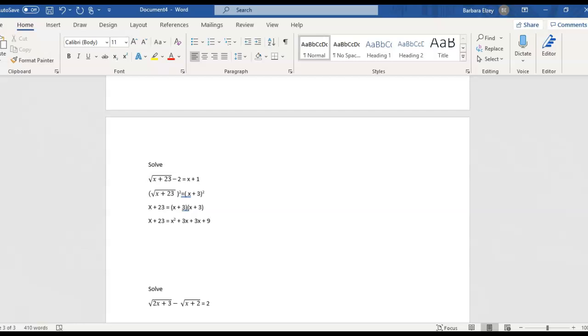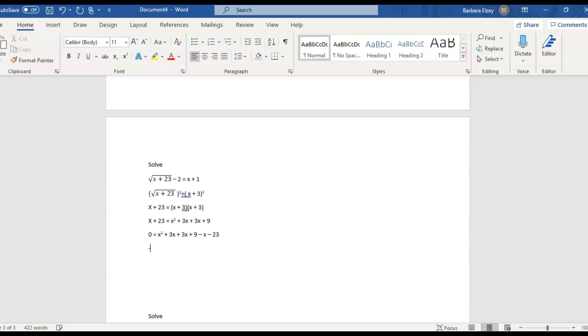And just as I did with the last one, I'm going to move everything over to the right side and try to factor. So I will move the x and the 23 over, leave everything on the right side alone for the moment. So all of this will remain the same, but when I move the x, it'll be a negative x, and when I move the 23, it will be a negative 23.